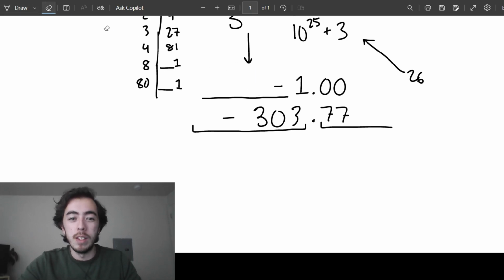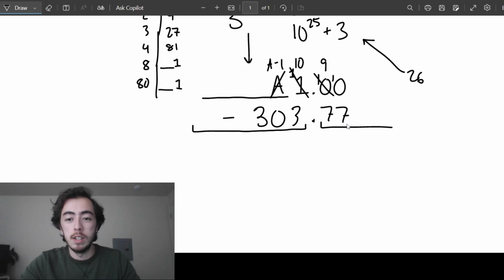Ultimately, I'll be able to cross this off, call it A minus 1, put a 1 right here, essentially calling this an 11. I need to borrow from this, though, and make it a 10. Put that 10 over here, borrow once again, make that a 9, and then finally I could make this a 10. And then doing this 10 minus 7, I get a 3, 9 minus 7, I get a 2.